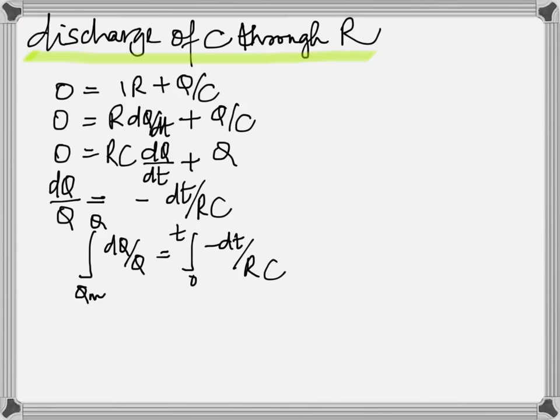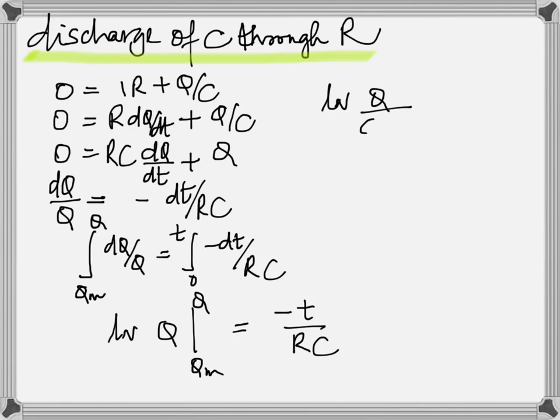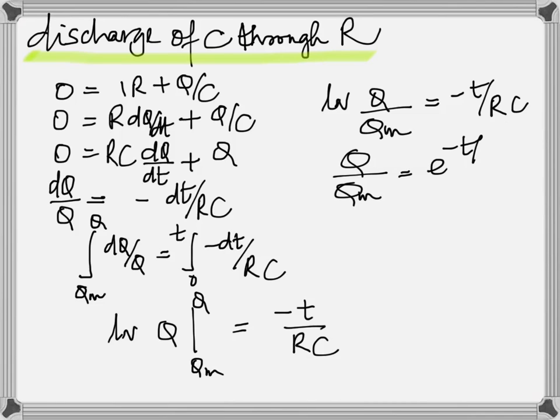So integrate that. And when you integrate this, of course, it's natural log of Q, from Qm to Q, and that is minus t by RC. Substitute the limits, first you put Q as Q and then Q as Qm. So you get natural log Q by Qm is equal to minus t by RC. And then in place of the natural log, like before, you write it as exponential.